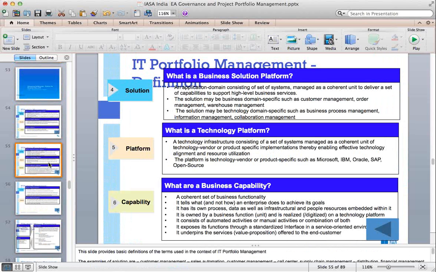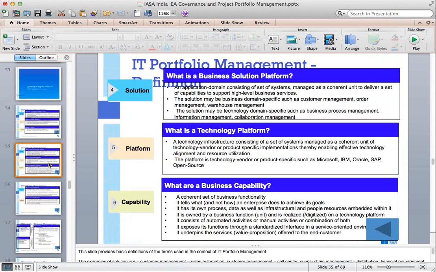And what's a business capability? It's a coherent set, which means the strategic capability being met by the business to deliver to their customer. It also shows what an enterprise does to achieve its goals, and while doing that, which kind of solutioning helps in it.